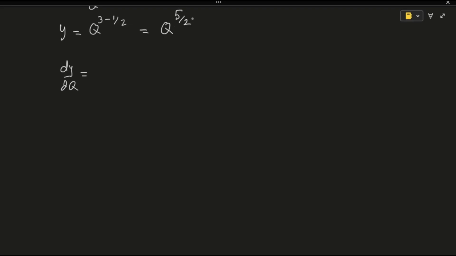So the derivative of this expression, dy dq, is given by the exponent being brought down as 5 over 2.